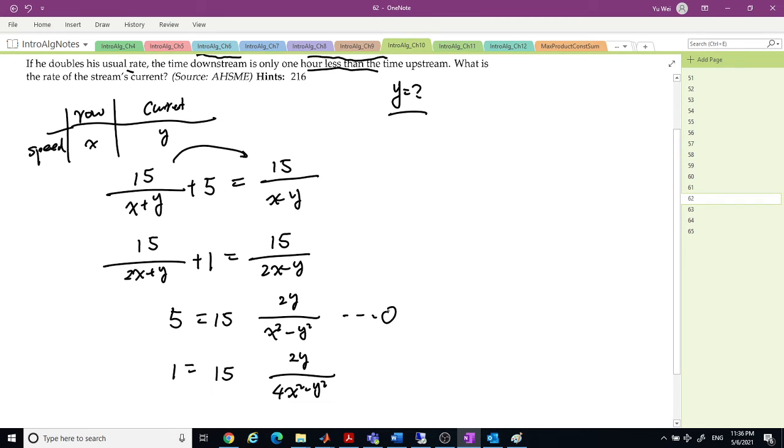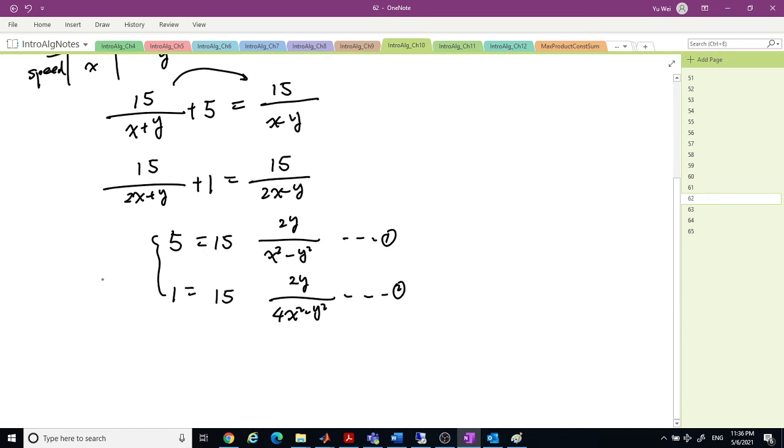So let's see, this is equation 1 and this is equation 2. Let's use 1 over 2. So we have 5 equals 4x squared minus y squared over x squared minus y squared. So we can have x squared is equal to 4y squared.